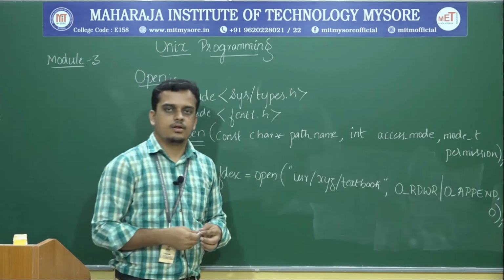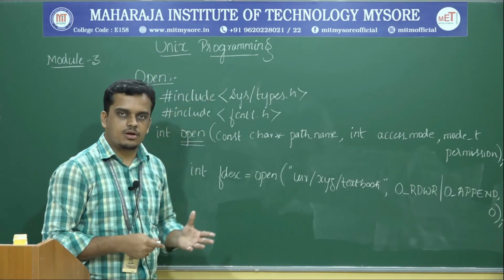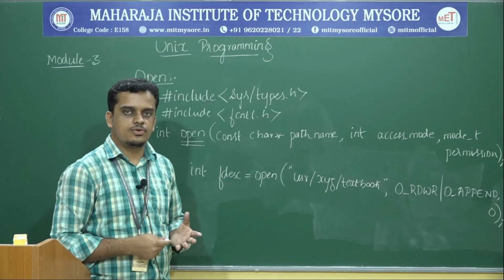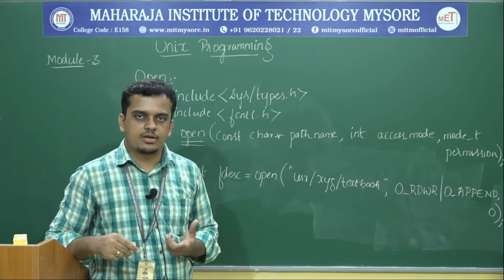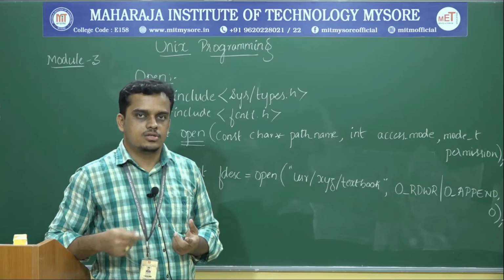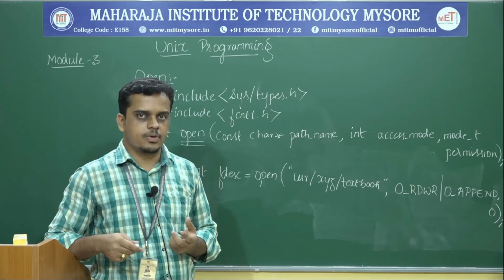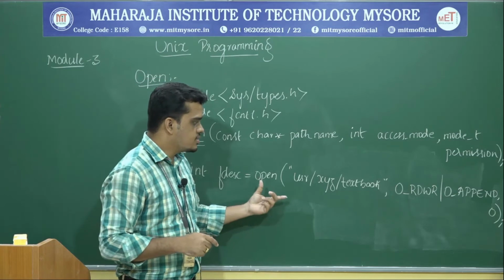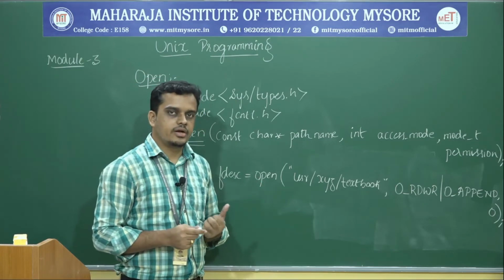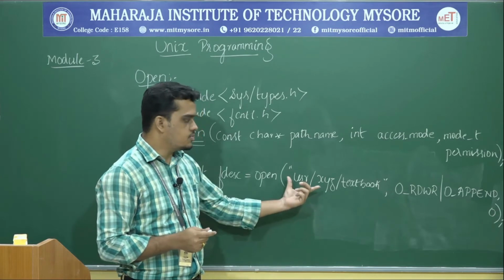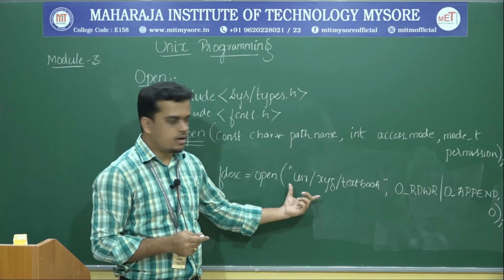Here we have a small example to know how any general open API will look when it is used for different operations on an existing file. In this example, we are trying to access a file called textbook, and you can observe the path name has been given here.